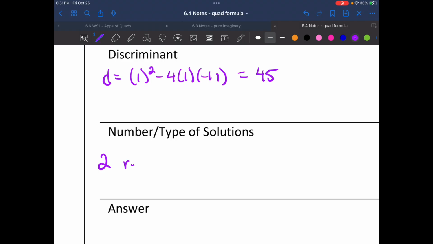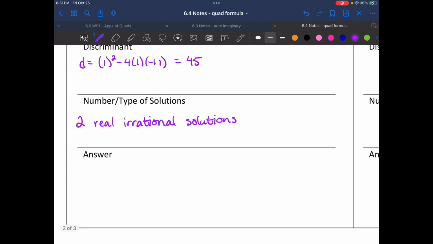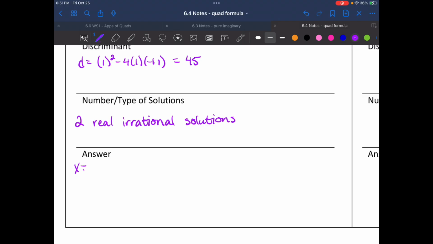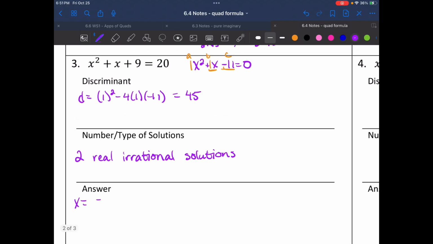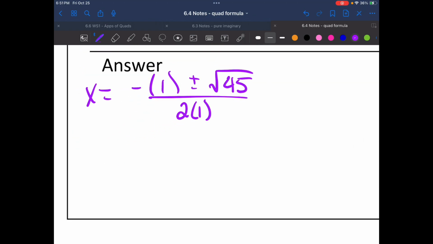Positive, but not a square. So 2 real and irrational solutions. Go ahead and plug in and find your actual answer. So x equals negative b plus or minus the square root of the discriminant over 2a.